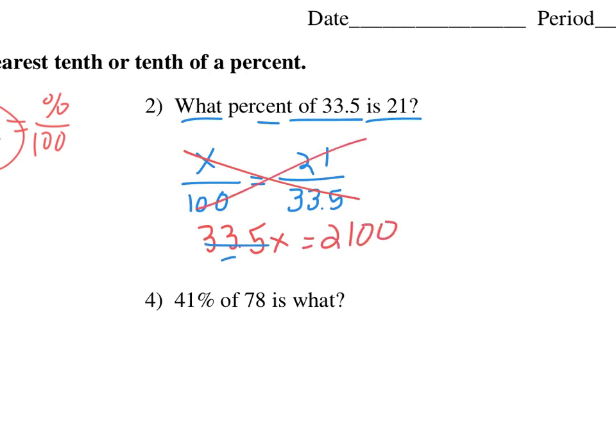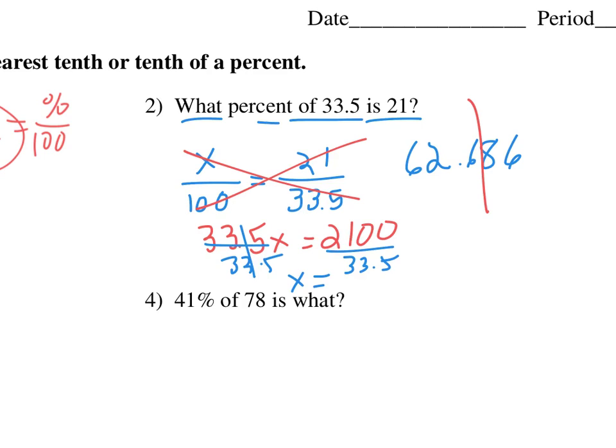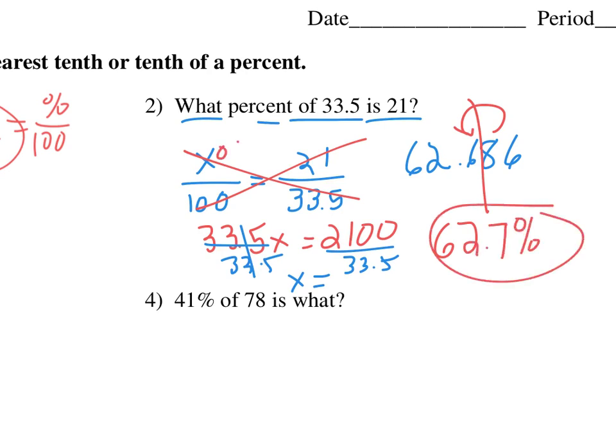Once I have that, divide by 33.5, divide by 33.5, 1x equals 2100 divided by 33.5, I'll write it over here, 62.686. Round to the nearest tenth is right there. The 8 can round that 6 to a 7. So final answer is 62.7%, because this x is in the percent spot.